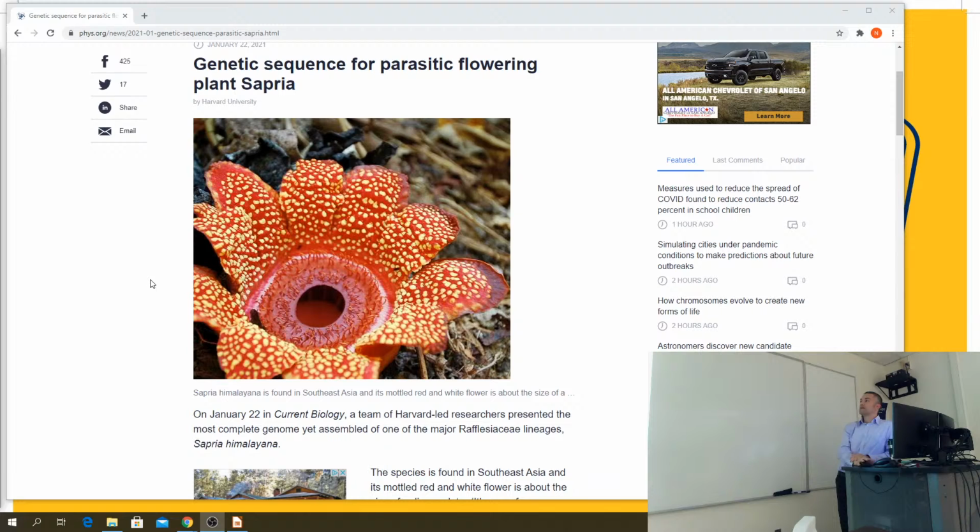So what's going on there? As we'll learn, parasites depend on their hosts, and this is no exception. I didn't read the actual article, I just read the news story, and then I read more about this plant itself. It's notable because with the genetic sequencing, they could see what was gained and what was lost on this switch to parasitism. Almost 40% of the genes that are in other plant species are lost.